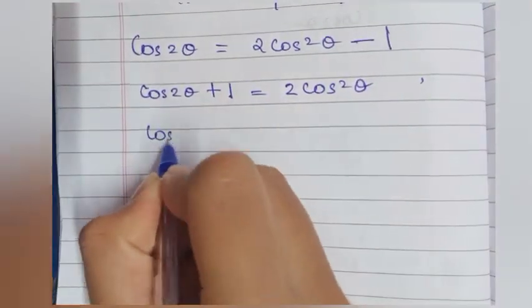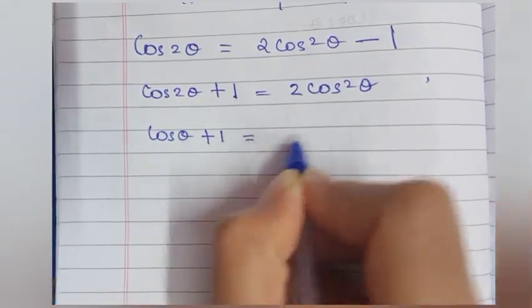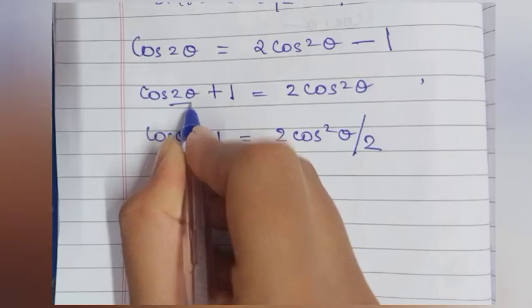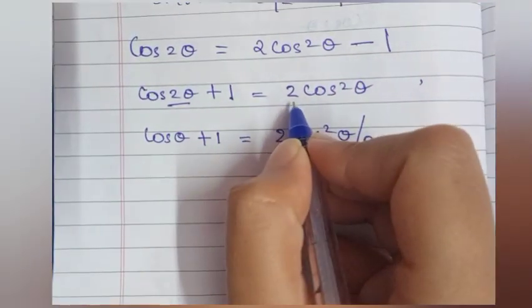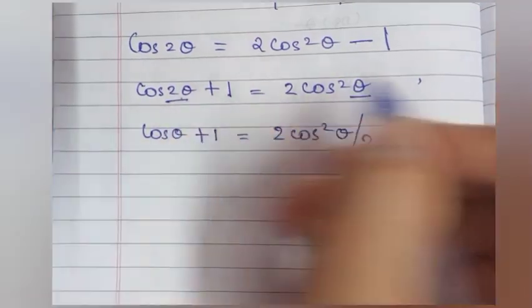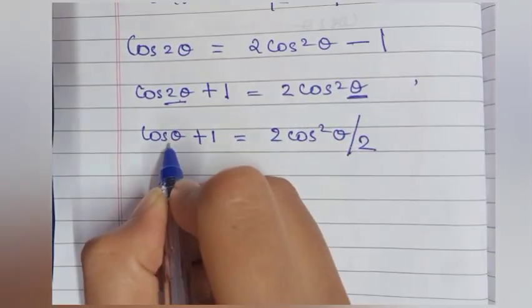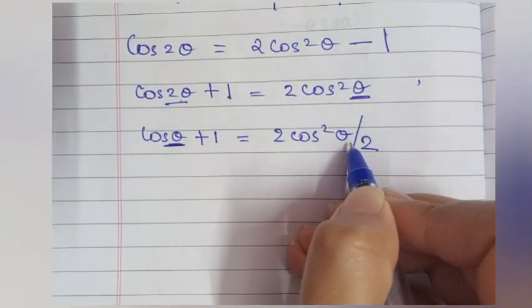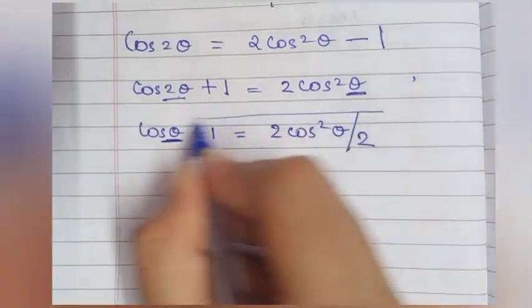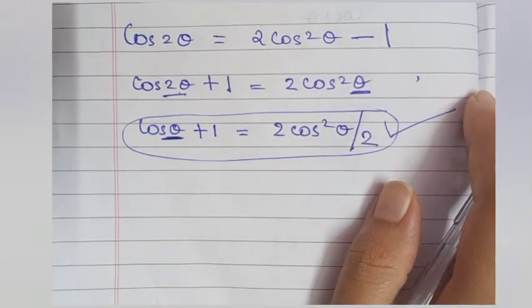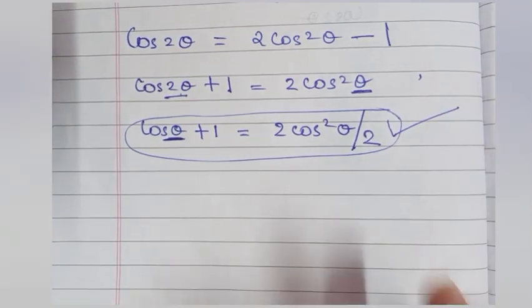So for cos theta plus 1, we will get 2 cos square theta by 2, since half of 2 theta is theta, and theta becomes theta by 2 in the RHS. So we get this formula, and we can substitute it for cos theta plus 1 in the result of dy by dx.